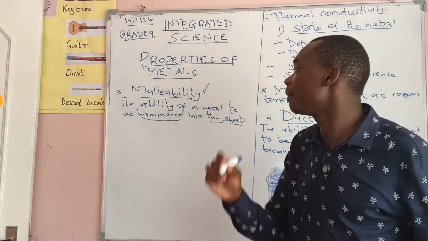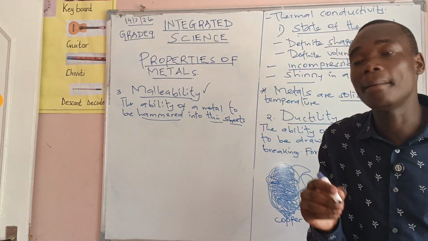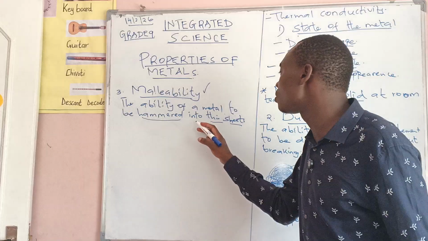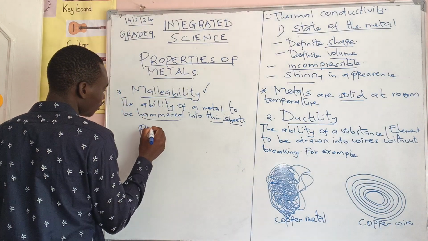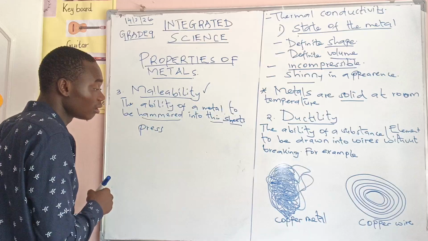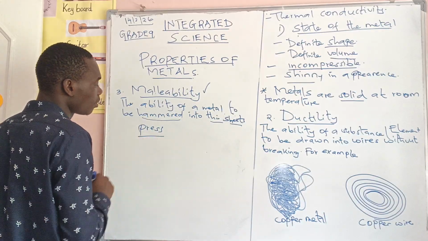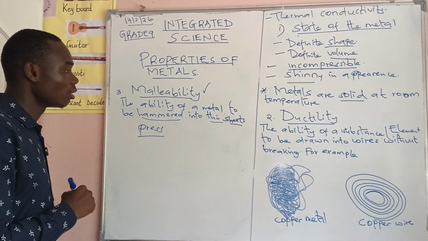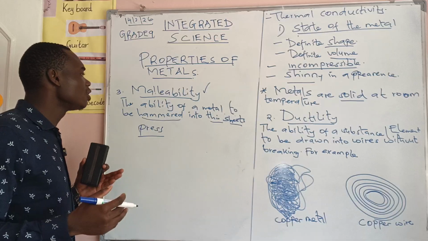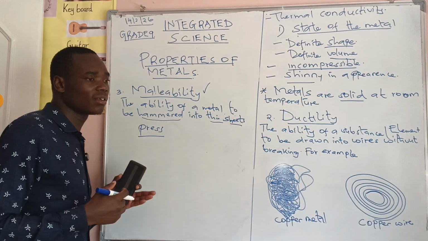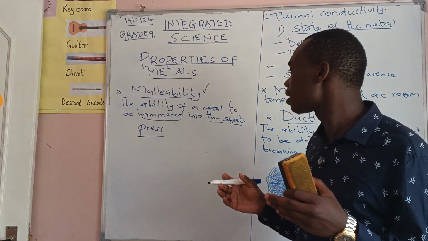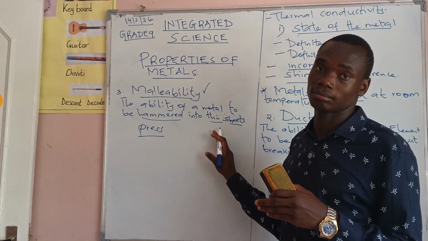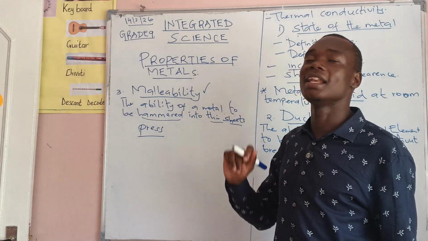It is only the metal that will be hammered and turned into thin sheets. Or rather, you can press the metal. So if you are able to press or hammer a metal and then it turns into a sheet that is very thin, not thick, that is malleability.